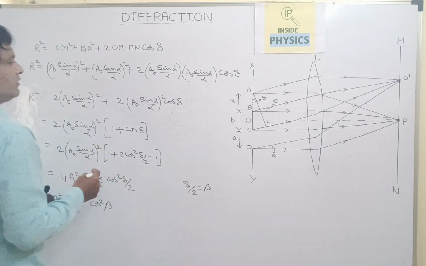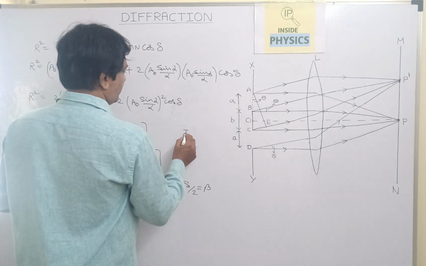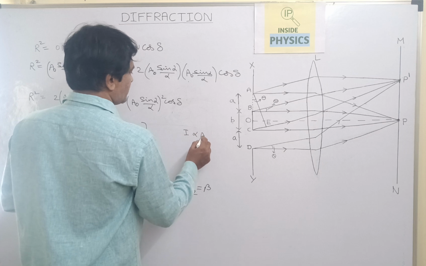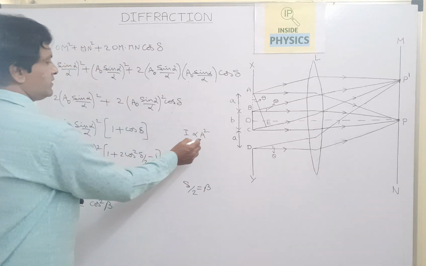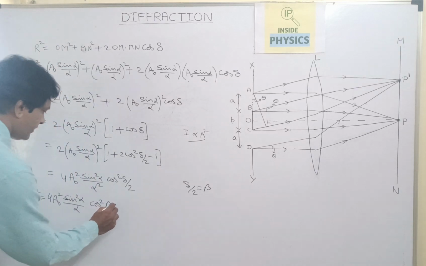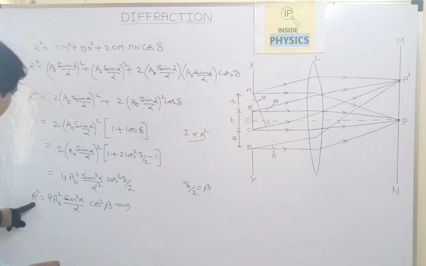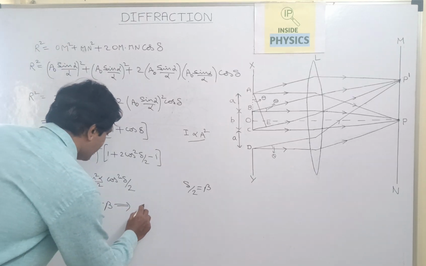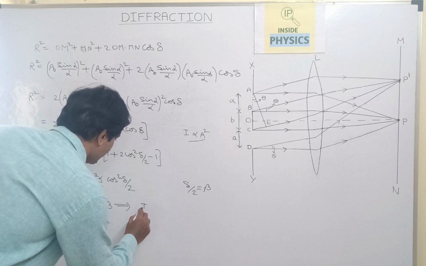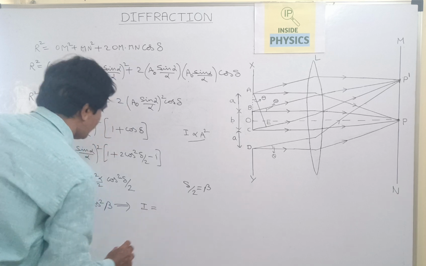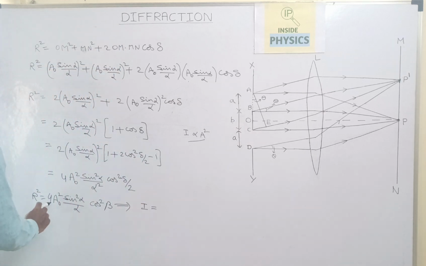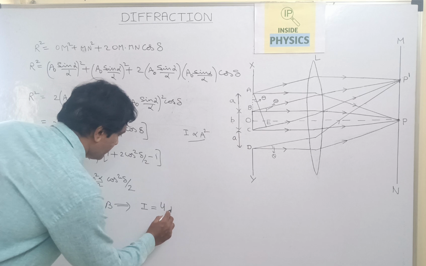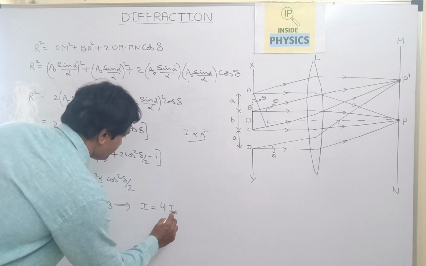We already know the intensity of light is directly proportional to the amplitude square of the light. So by this relation, this is considered as resultant amplitude square, meaning resultant intensity I. I can write it as I, the resultant intensity, and here I can write 4 I naught.